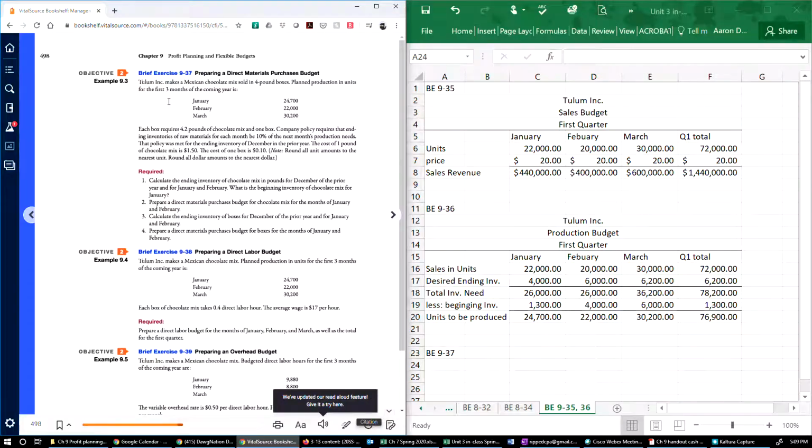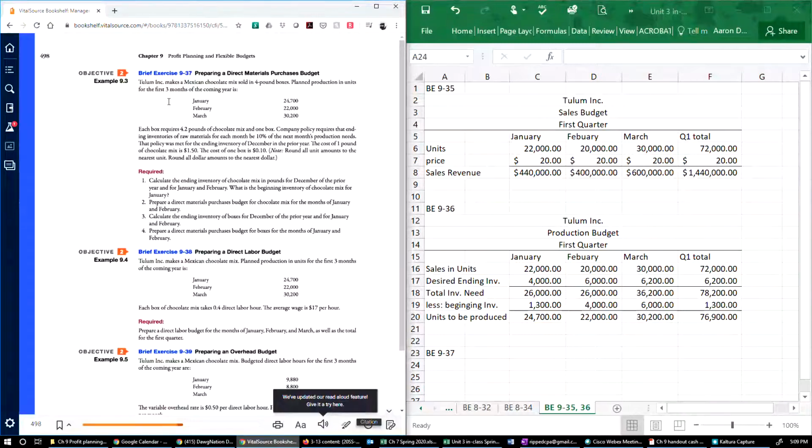Each box requires 4.2 pounds of chocolate mix and 1 box. Company policy requires that ending inventory of raw materials for each month be 10% of the next month's production need. That's for the same reason that we had safety stock of 20% of the units.